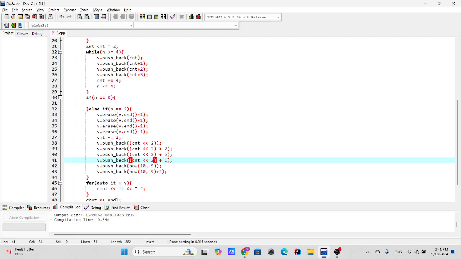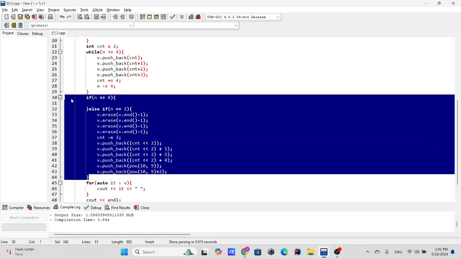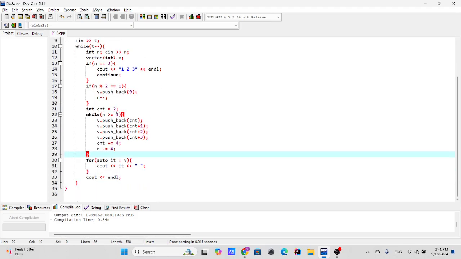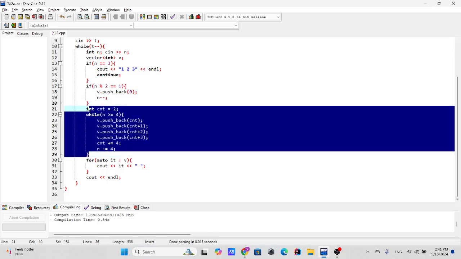Is this adequate? 2 numbers, right? 1, 5, and 4. Shit, this is not good. This is not great. Okay, let me change this whole idea. I don't think this is really correct.